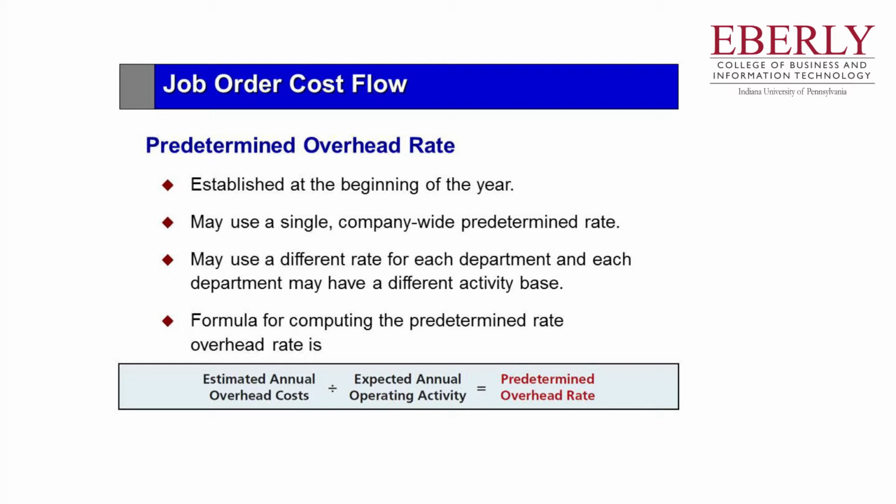Now, to compute the predetermined overhead rate, we generally use the estimated annual overhead cost divided by the expected annual operating activity. That is the basis. So in the previous example, it was $400 for the food divided by 20 friends, or it could be $40,000 in overhead cost divided by the number of labor hours in the factory. As far as the overhead rate is concerned, it could be a single company-wide predetermined rate, or it could be different rates for each department.